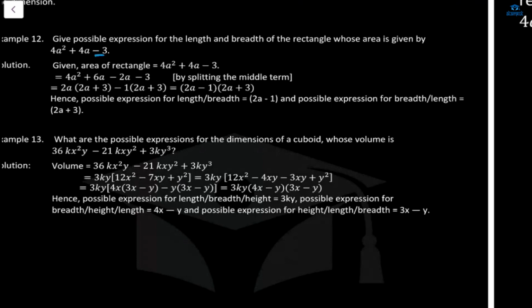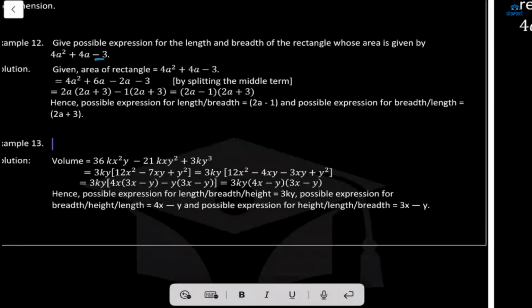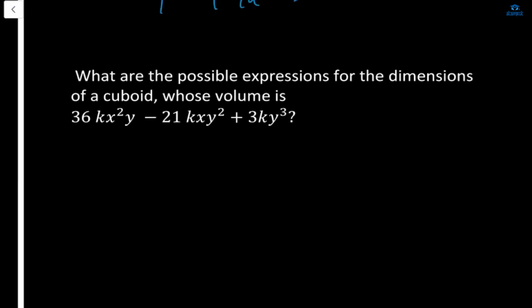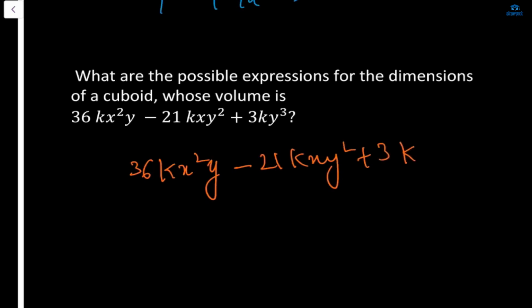Here you can see, according to what is given, if you take the expression 36kx square y minus 21kxy square plus 3ky cube, x is not there in the third term, so we cannot take x as common.